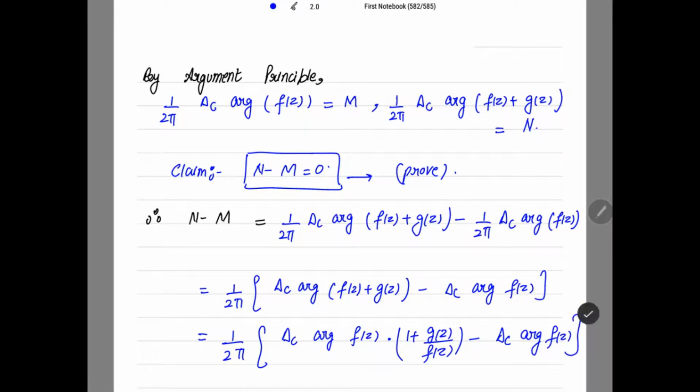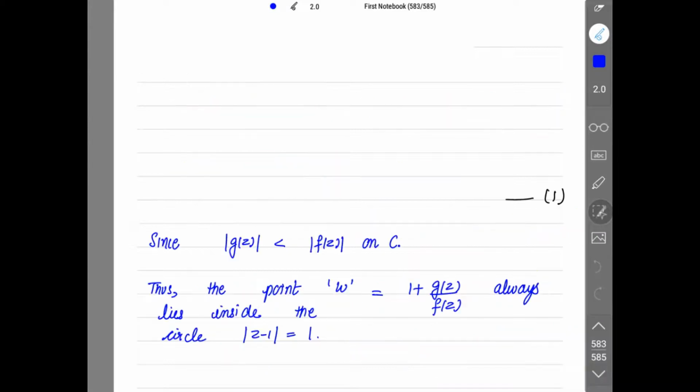Now here I have to use that lemma, that is the variation in the argument for the product of the functions is equal to the sum of the variations in their arguments. Now here I have the product, f(z) with the product 1 plus g(z) over f(z). I have to apply that lemma here, which gives me, so this will be equal to delta C argument of f(z).